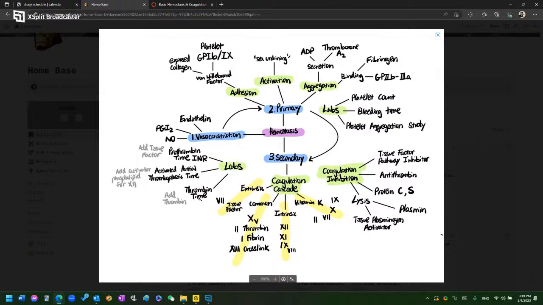So those are your three tests right here. Extrinsic is prothrombin. Thrombin is common. That's easy. And then intrinsic is activated partial thromboplastin. Kind of complicated name, but that's the basics to clotting.